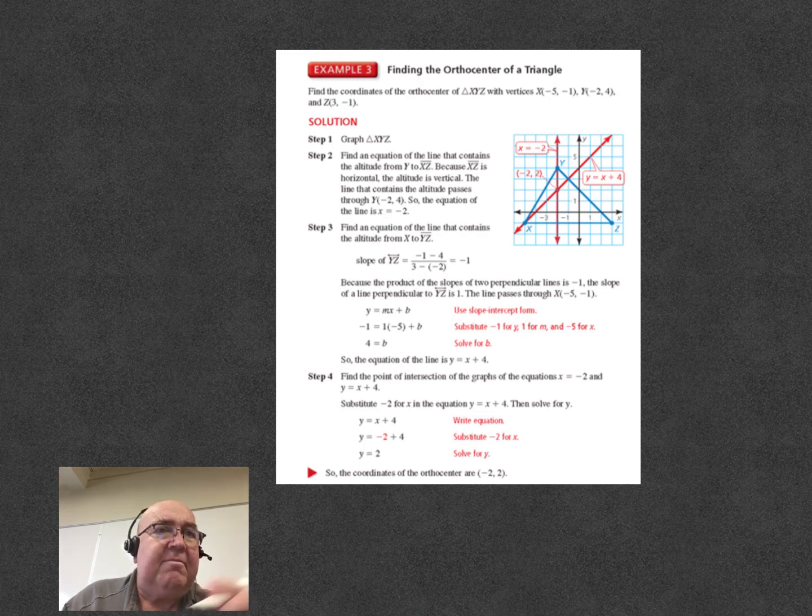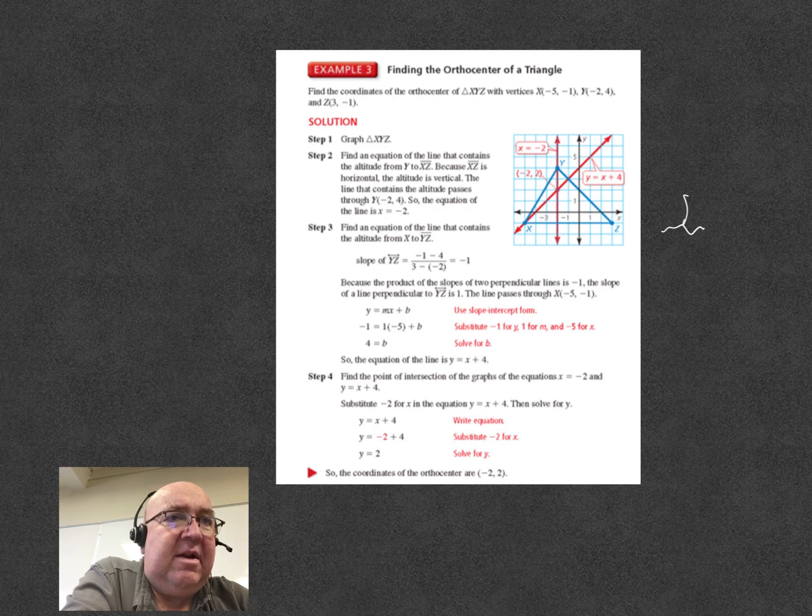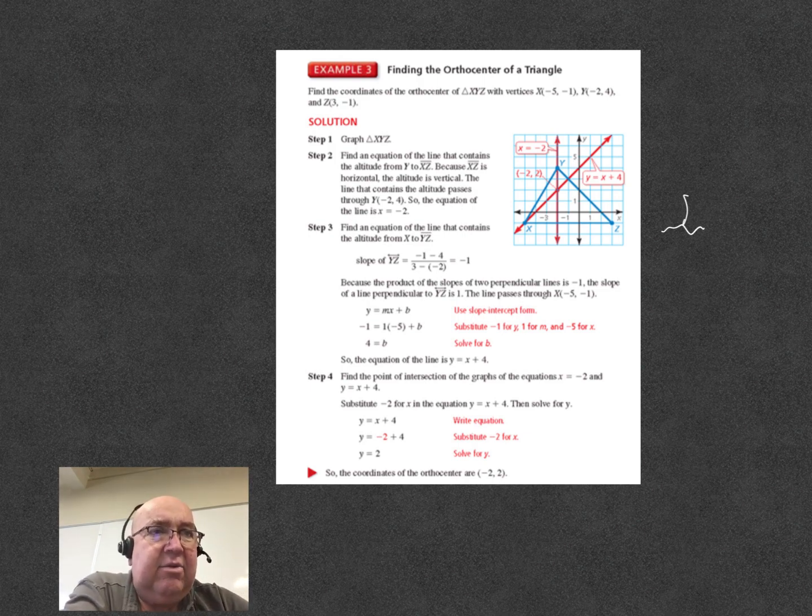First off, the bottom line is horizontal, so the line that's going to intercept it coming from Y and be perpendicular is going to be x equals -2. Then finding the slope of the blue line YZ, it's -1, meaning the slope of the line that goes through X is going to have a slope of 1, and they graph it as y equals x plus 4, and they find the orthocenter is at -2 and 2.